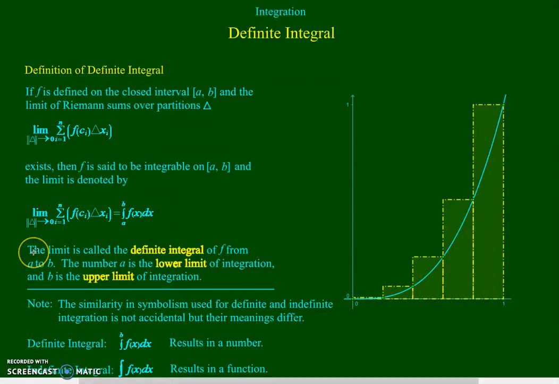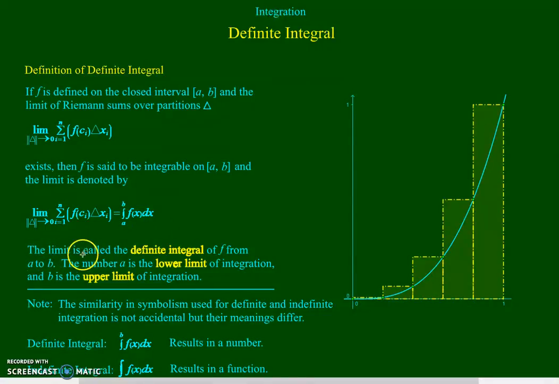So what we've done is we've created a new quantity, and remember that when we dealt with antiderivatives, we had just the integral sign, and the result was a family of functions.